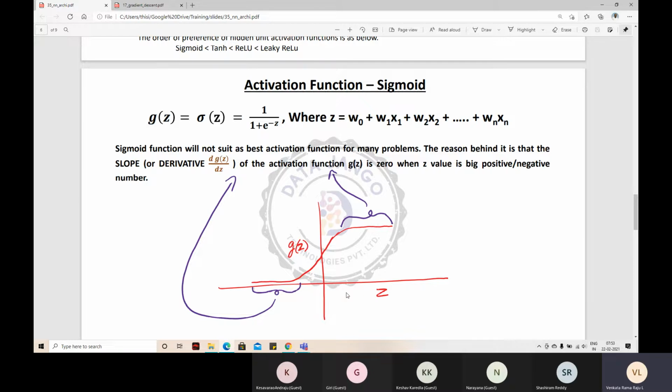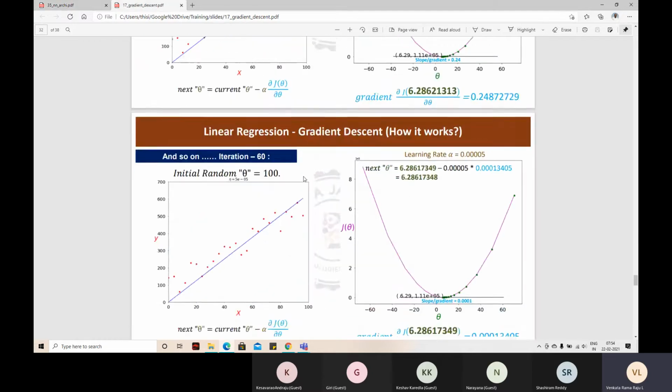If you take the linear combination of inputs, g of z, 1 by 1 plus e power minus z, is on the y-axis, and z is on the x-axis. When you substitute a value which is greater than 0, you get a value greater than 0.5. Let me try to show that on this one.